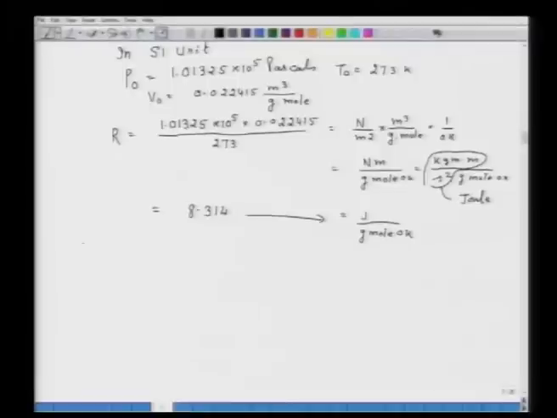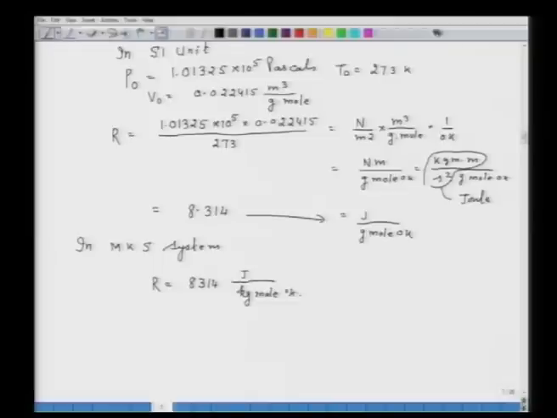Similarly, if I want to derive in MKS system, and this I will leave on you to derive these units and get this R that is equal to 8314 joule upon kg mole into degree Kelvin.